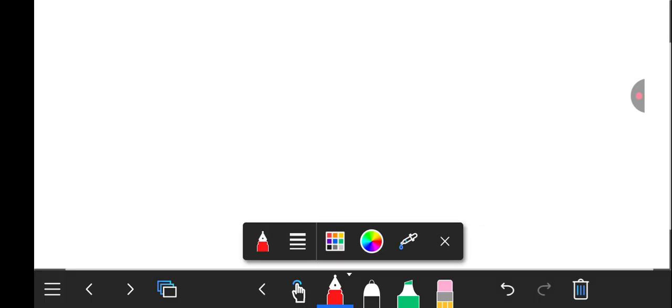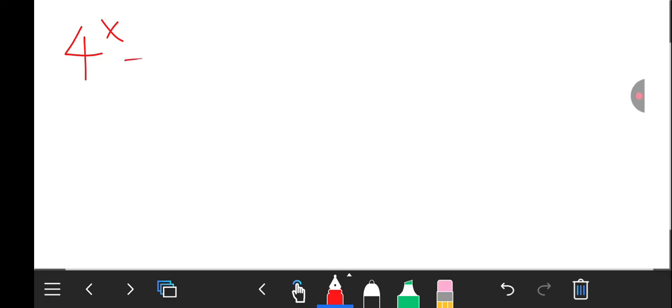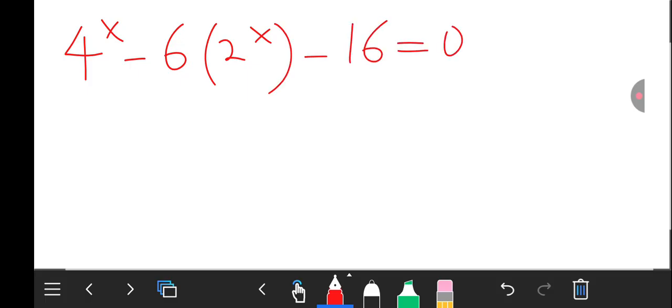Okay. So it is 4 raised to the power x minus 6, open bracket, 2 to the power x minus 16 is equal to 0.